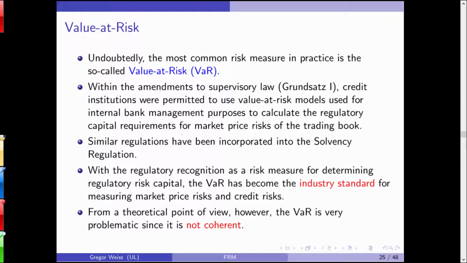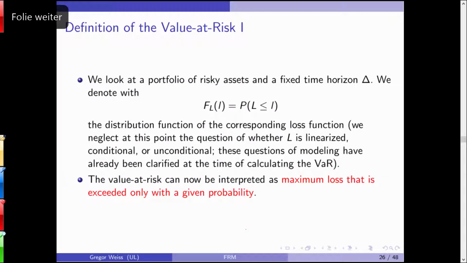Now, from a theoretical point, the value at risk is not so much rocket science, it's actually just a quantile. And the most severe problem with it is that it is not coherent. Now, what is the value at risk?